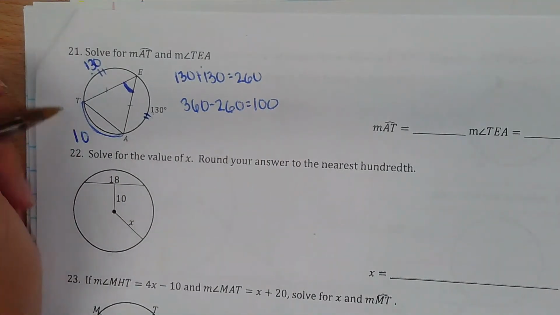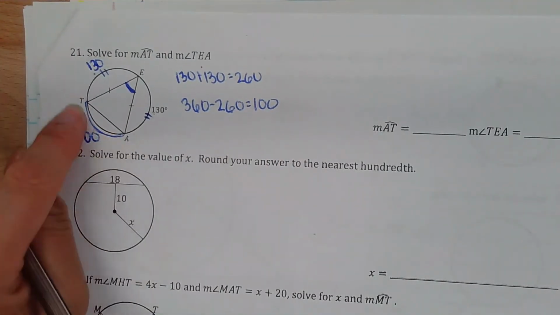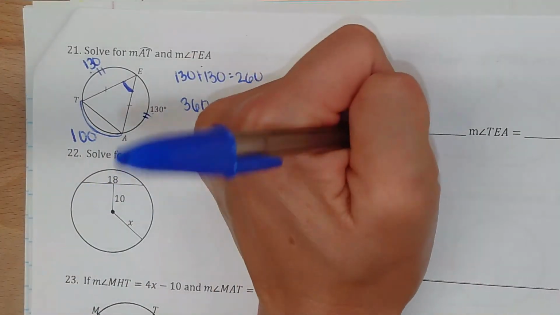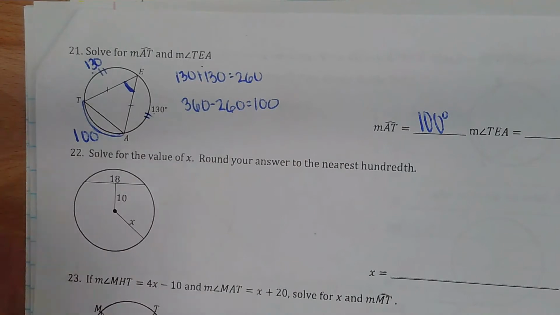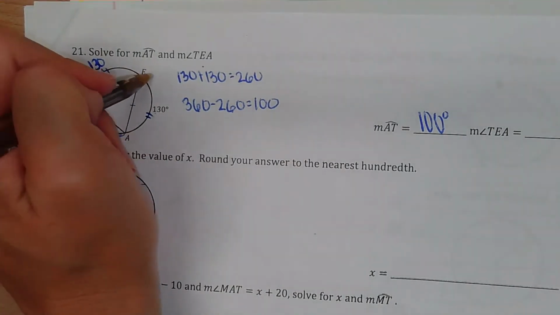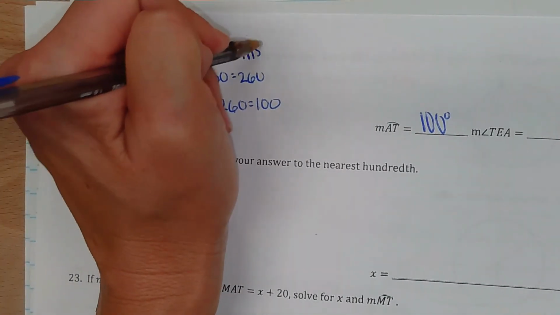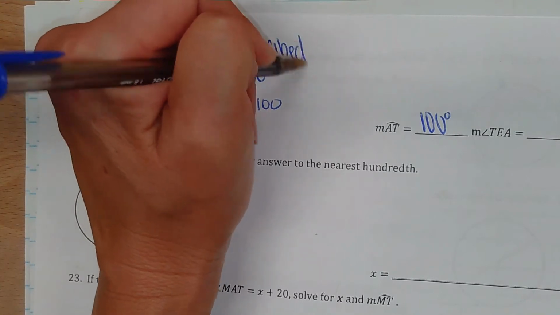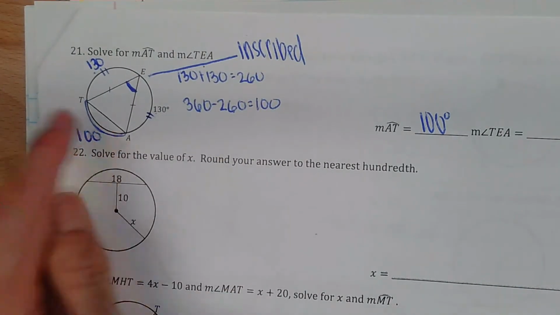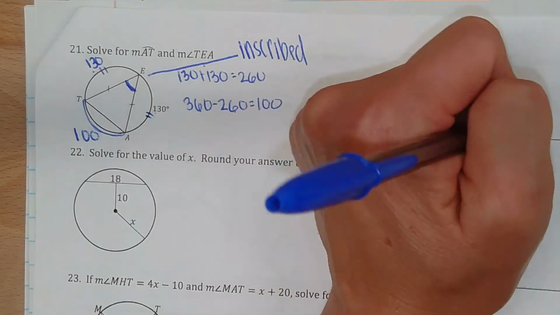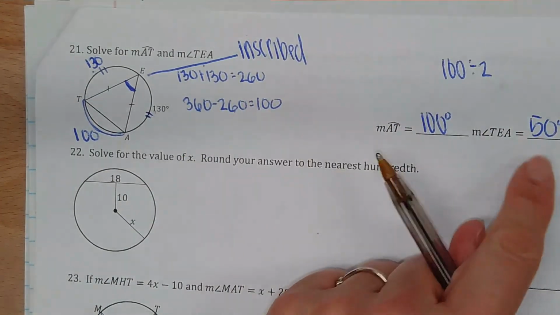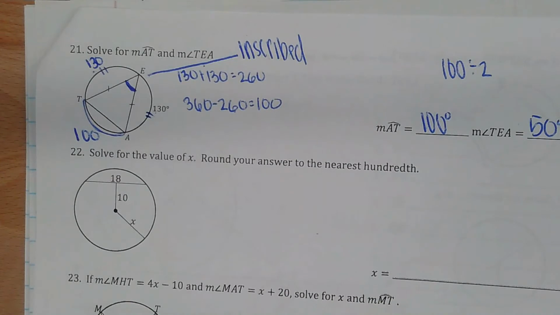So we would know that this arc, AT, is 100 degrees. But it asks us to solve for this angle, which is an inscribed angle, which means that it's half as much as the arc. So we would do 100 divided by 2, and we would get that angle to be 50 degrees.